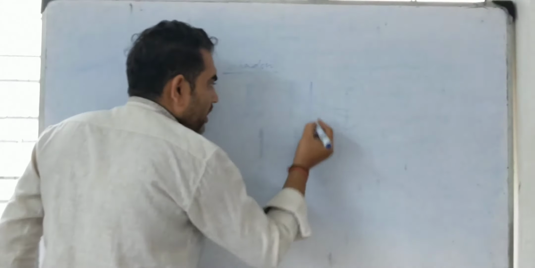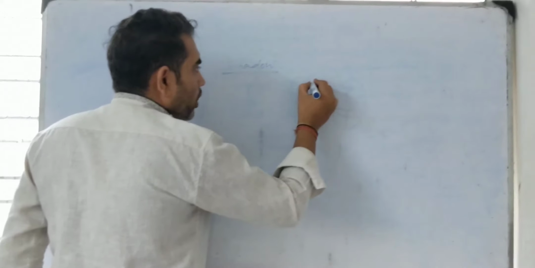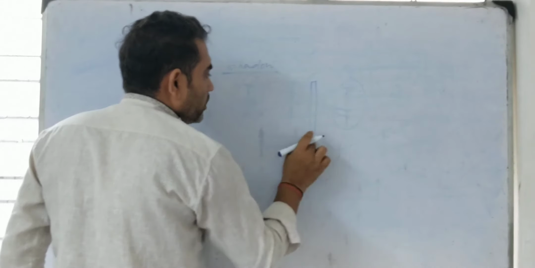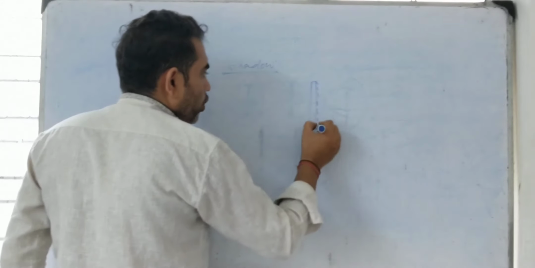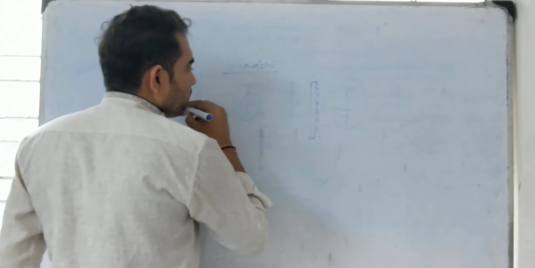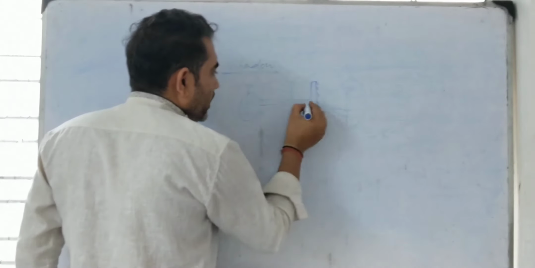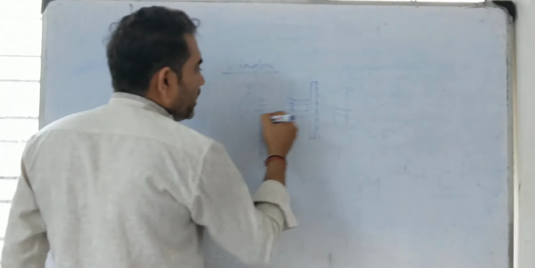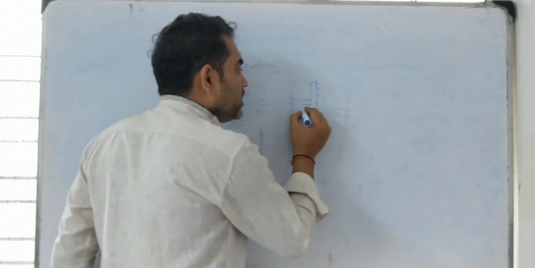So if we understand it through a diagram, we have an opaque object that will not allow the light to travel through it. Opaque object. Okay. Now this is the source of light. So from here light strikes this opaque object, but what will happen? Light will remain stuck at this position only.